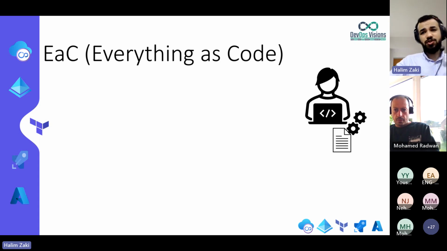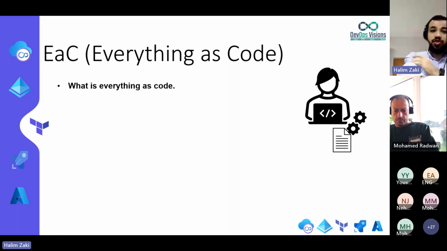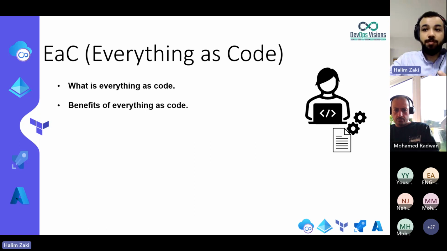For those of you who don't know what everything as code is, it's an approach by IT operations and DevOps engineers to identify everything that they use and transfer it into a code format. To understand why we are doing this, we need to check the benefits of everything as code.